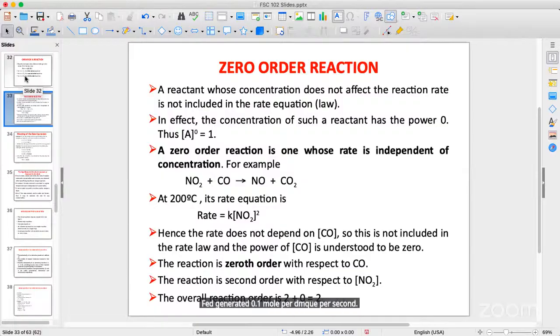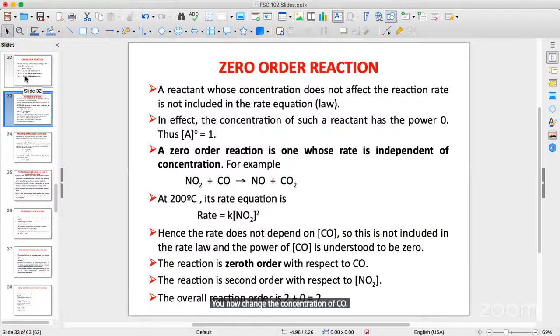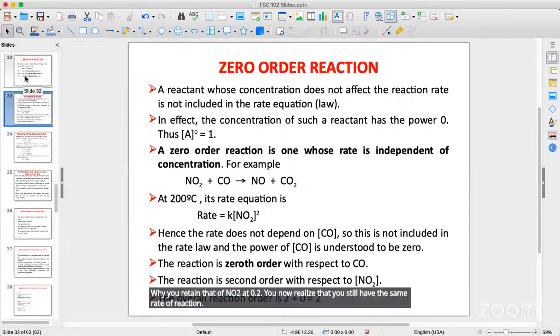Now you repeat that same reaction, but change the concentration of CO from 0.2 to 0.1, while you retain NO2 at 0.2. You realize that you still have the same rate of reaction. The rate did not change.